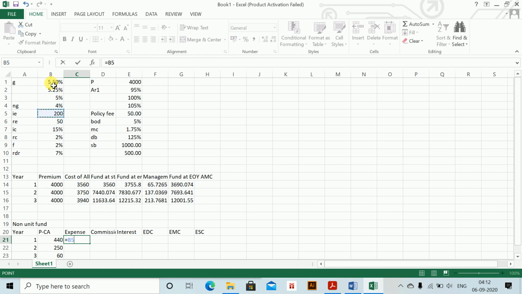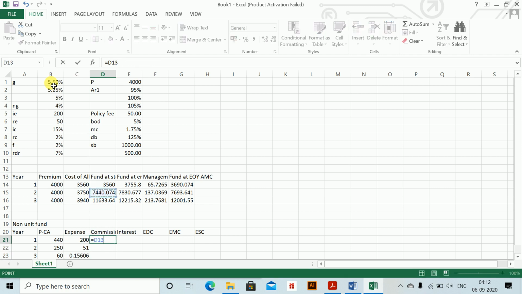first initial expense 200, renewal expense 150 into 1 plus inflation rate to the power time minus 1.